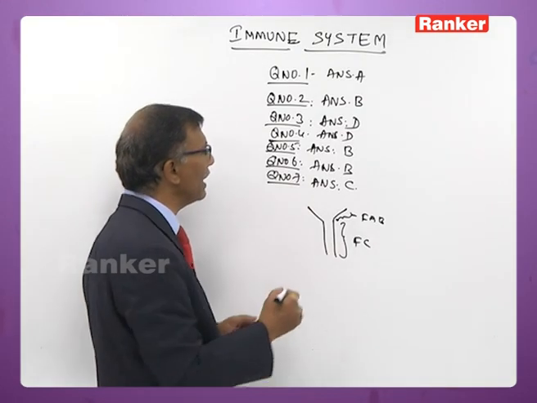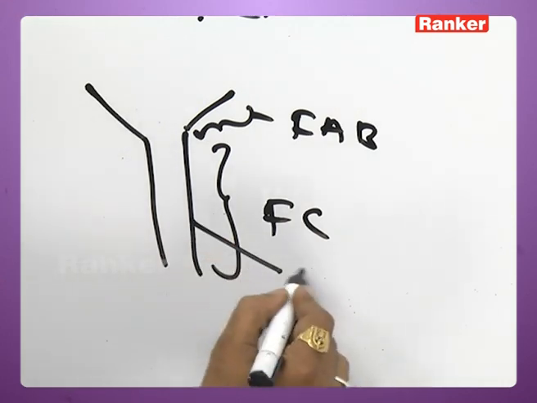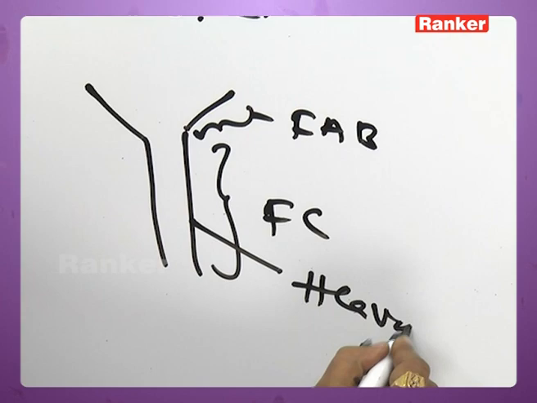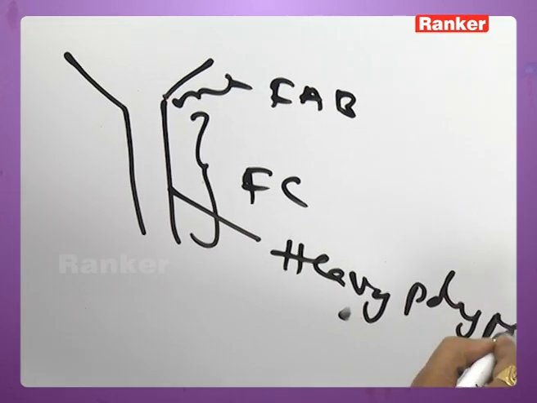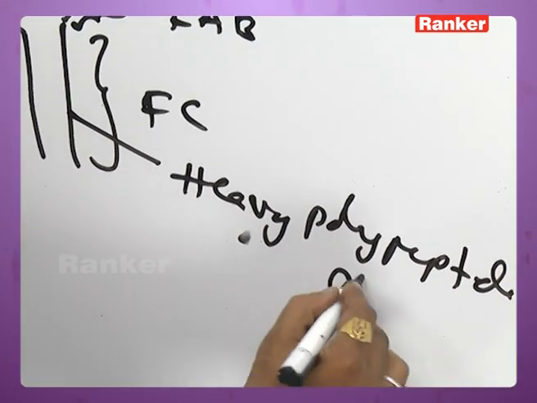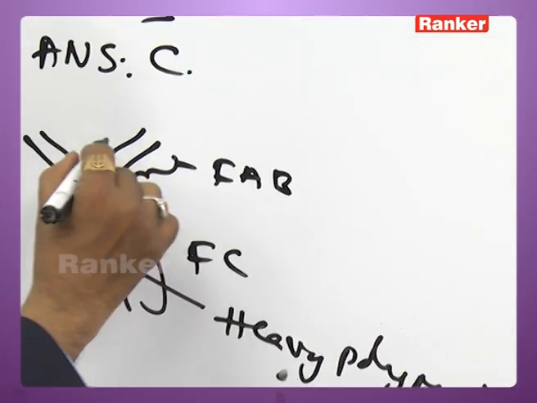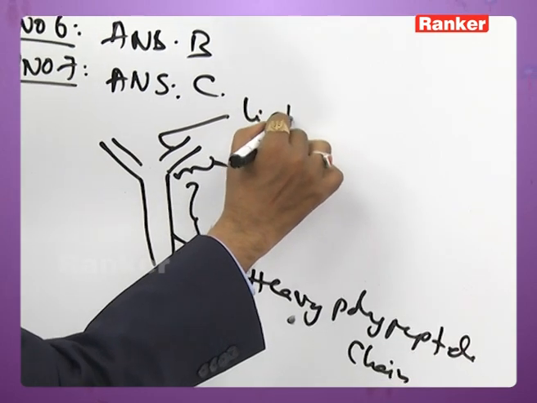This antigen binding fragment, apart from the heavy chain, this is the heavy polypeptide chain. And here in the Fab end region, it has even a light chain also. This is the light polypeptide chain.